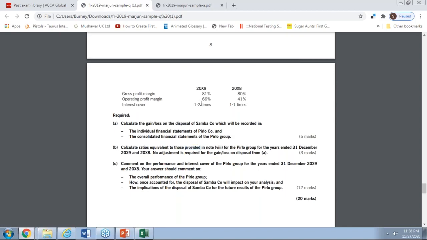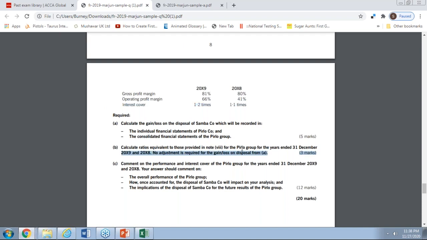So you can see here that the examiner is only expecting you to calculate three ratios: the gross profit margin, the operating profit margin, and the interest cover. So you are only required to come in on these three ratios. This is called the consolidation analysis question, in which the examiner will give you a question from the group.